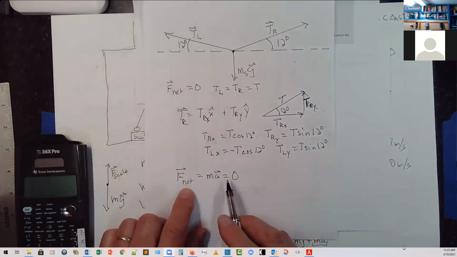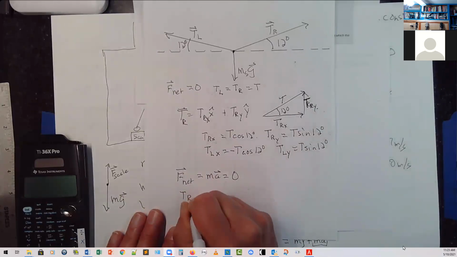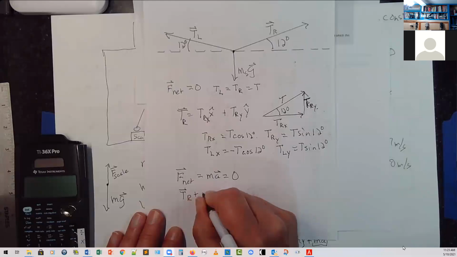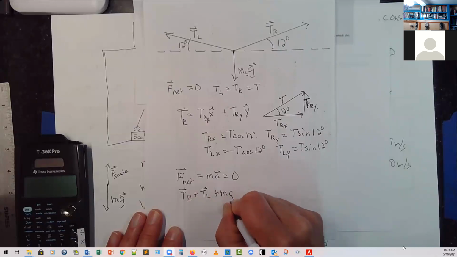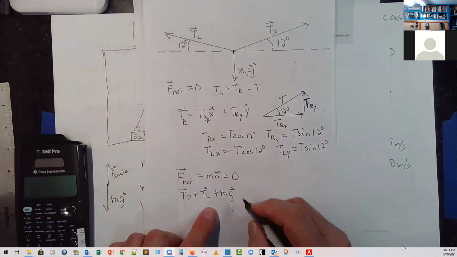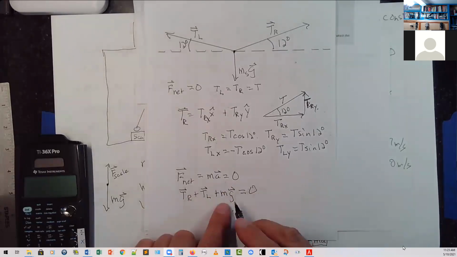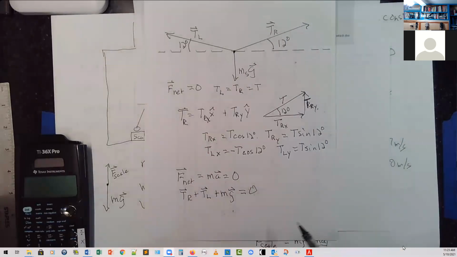Well, the net force ends up being T sub r as a vector plus T sub L as a vector plus mg. Now I've got plus signs on every one of these things, which is okay. I would say that g as a vector points downward, T sub r and T sub L point in their particular directions.